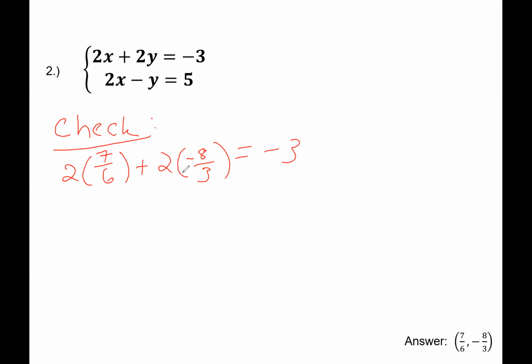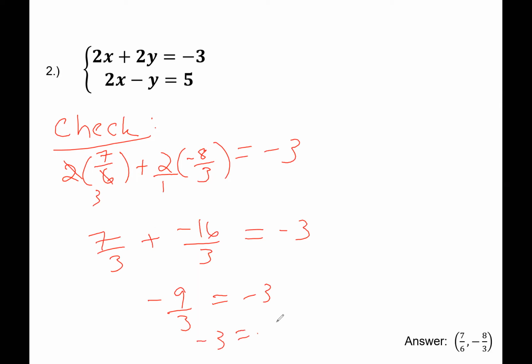So 2 times 7/6, if I reduce, that's 7/3 plus, and then 2 over 1 times -8 over 3, that's -16 over 3. 7/3 plus -16/3 is -9/3. And if you divide, -9 divided by 3 is -3. And -3 is equal to -3.